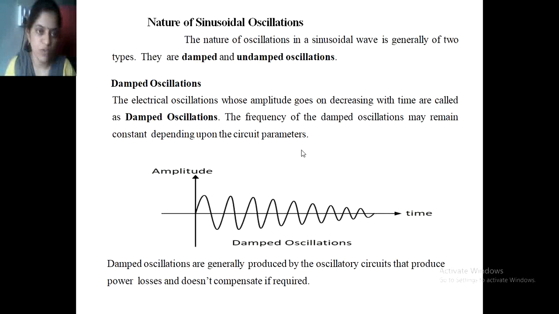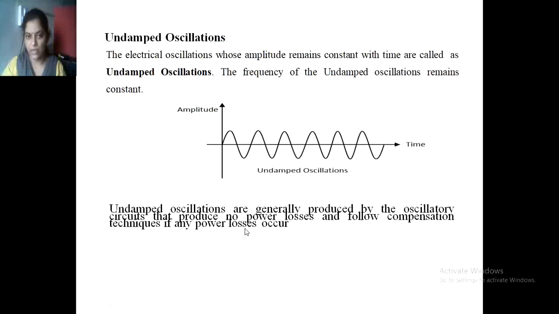Today we have seen the nature of sinusoidal oscillations, which are generally of two types: damped and undamped oscillation. Damped oscillation is an electronic oscillation whose amplitude goes on decreasing with time. The frequency of damped oscillation remains constant depending upon the circuit parameters.